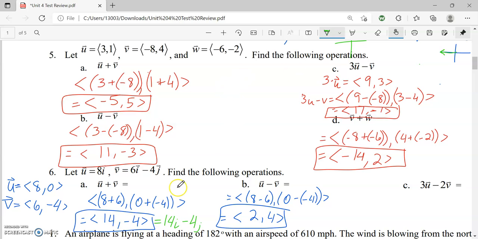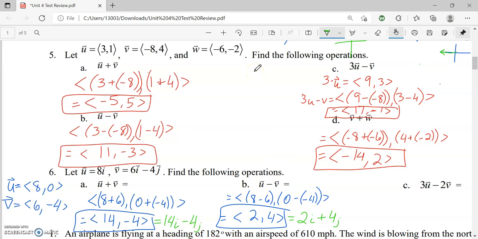I should add that in, just because we can convert to the standard or component form from standard doesn't mean we shouldn't go back to the standard form. So again, this one, the 2 comma 4, just throw an i after the x term, and then put a j after the y term. So 2 comma 4 is just a positive 2 coefficient on the i, positive 4 here. This was -4, so we said 14 minus 4.